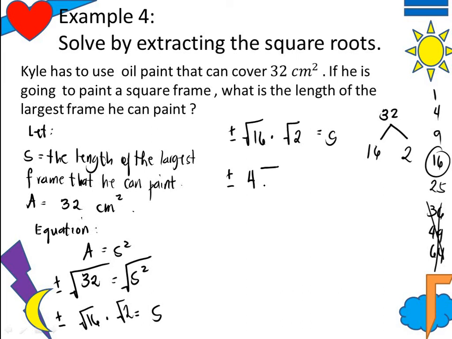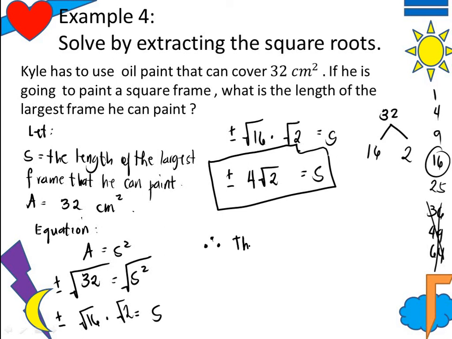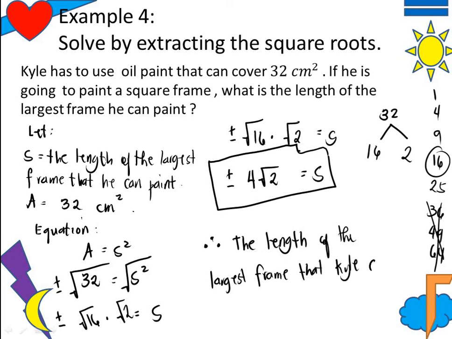So, the length of the largest frame that Kyle can paint is 4 square root of 2 centimeters. Therefore, the length of the largest frame that Kyle can paint is 4 square root of 2, or approximately 5.66 centimeters.